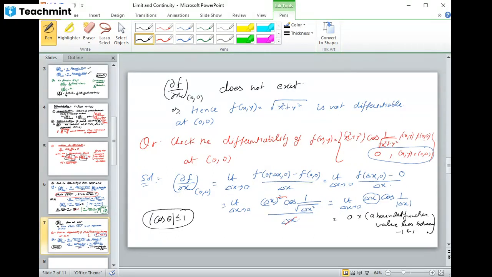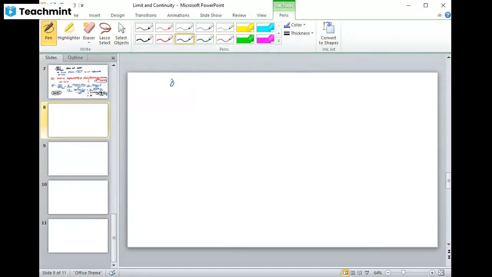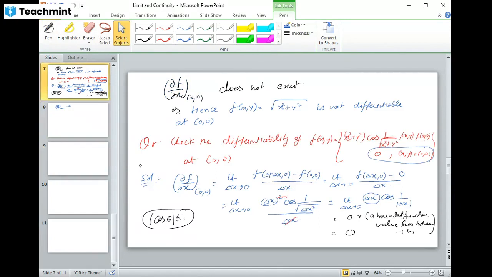So when I multiply 0 with a bounded function whose value lies between -1 and 1, the value comes out to 0, right? So what does it mean? It means that ∂f/∂x at the point (0, 0) has value 0. This is the partial derivative of the function with respect to x.